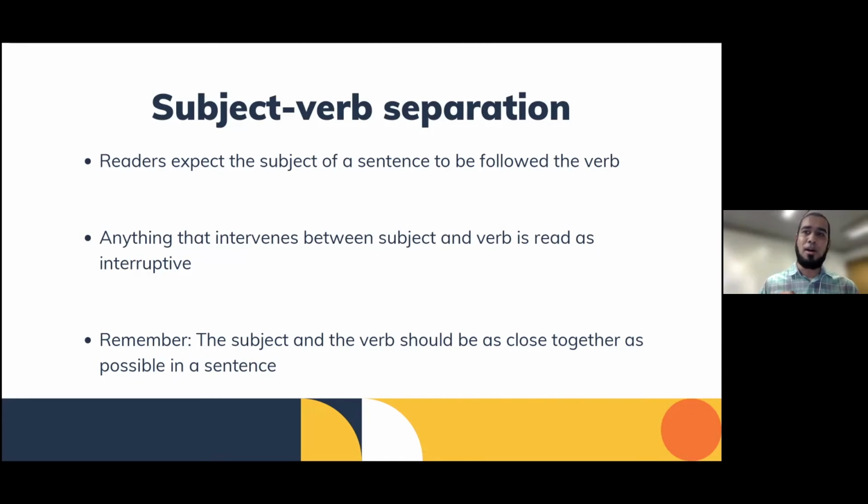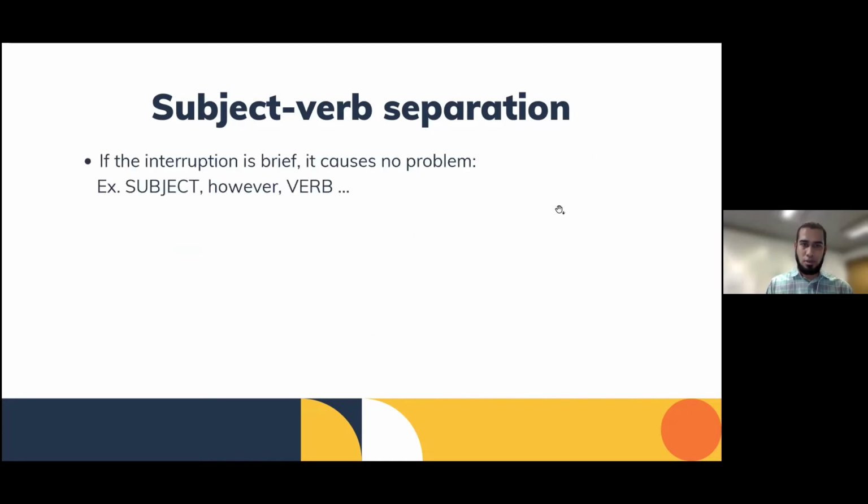So they put a comma and add a few words or a phrase about something Y, and then they put another comma and continue with their sentence. Now they think that they have told their readers everything they need to understand their sentence, but actually it will be read as interruptive and maybe they won't pay attention, and it's not the right way to do it, right? You might have to find a different way to construct your sentences.